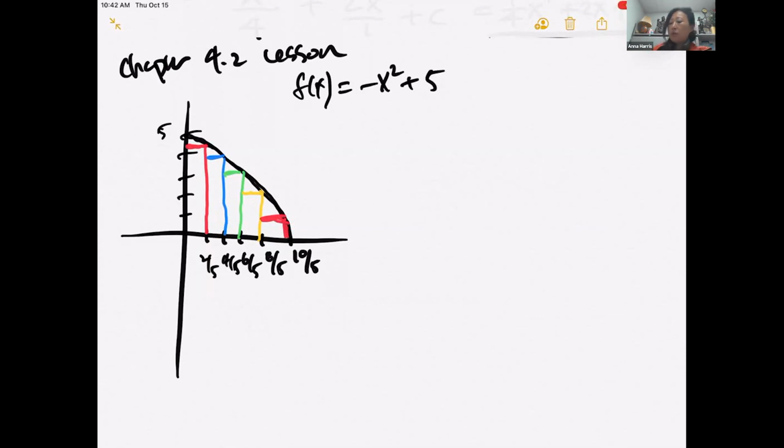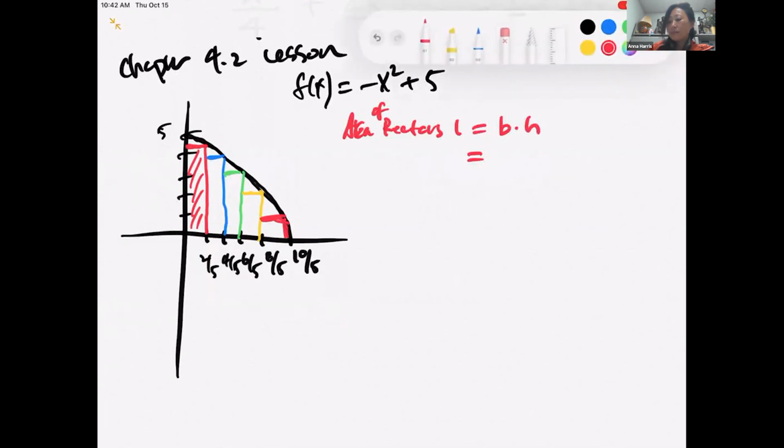So if I want to find the area of the first rectangle, what do you do? Area of a rectangle is base times height. The base is 2/5 because my x increment is 2/5.